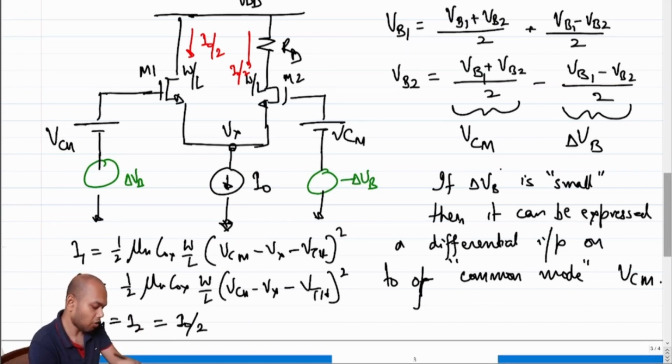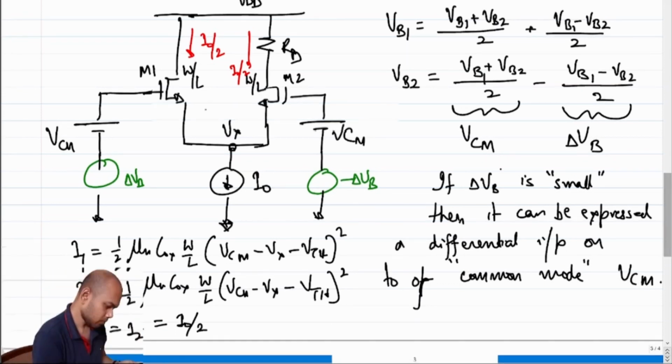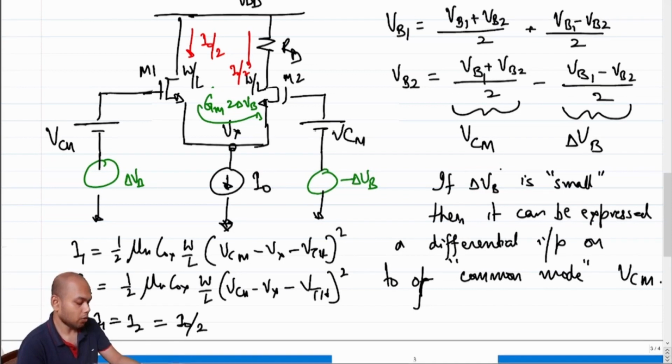So in essence, on top of the quiescent currents, we have Gm times 2 delta VB. What will be the total current through M1?